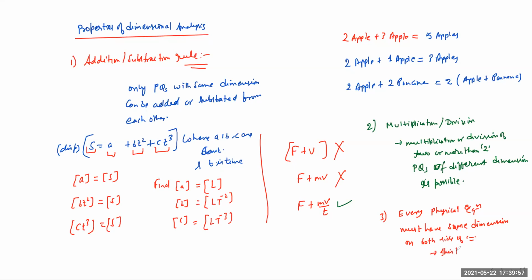Keep on writing this thing because I think sometimes we may lose the sheet actually. This property is called the principle of homogeneity. So we are going to use this principle of homogeneity to derive some relations.